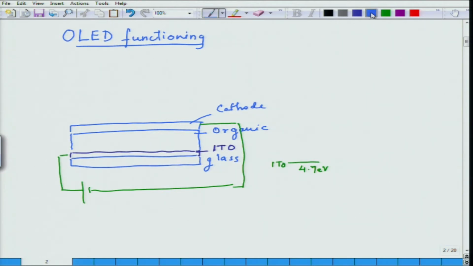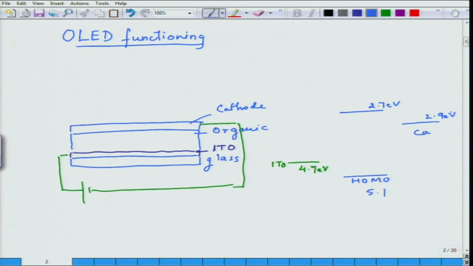And for the organic, the HOMO and LUMO: the highest occupied molecular orbital is at 5.1 and the lowest unoccupied one is around 2.7. And for the cathode, which is calcium in this case, 2.9 electron volt.